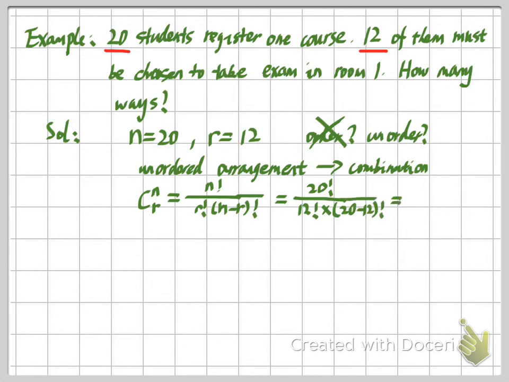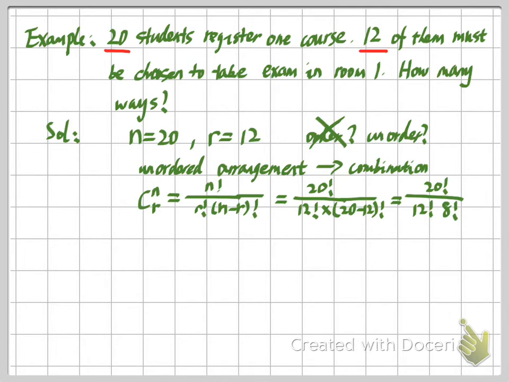So this will be 20 factorial divided by 12 factorial times 8 factorial. So this is what we have.